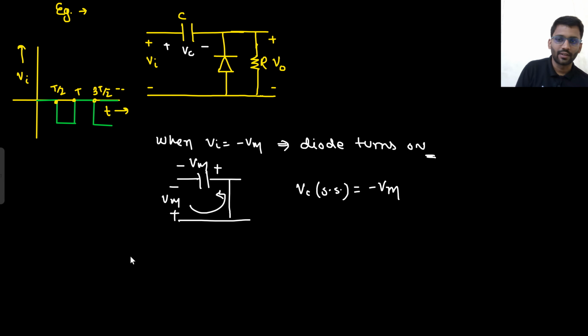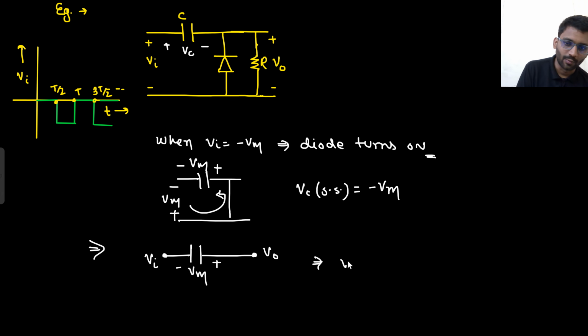Now you just need to find out the output voltage. So what will be our output voltage? This is the capacitor, this is your V naught, this is your V in. No need to write the complete one. This is charged to Vm only. So what will be my output voltage? Output voltage will be Vi plus Vm. That's it.